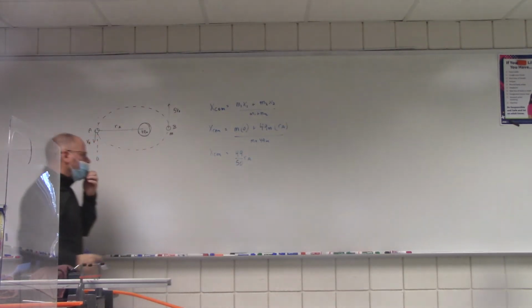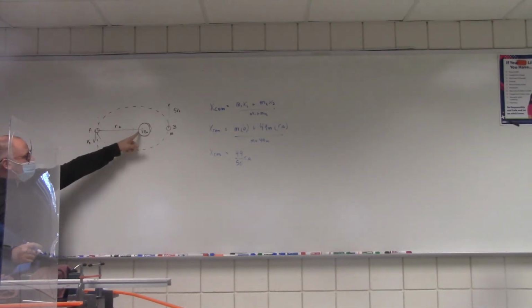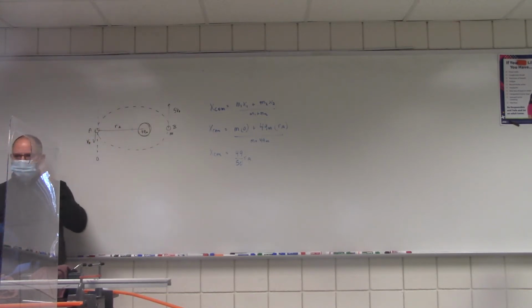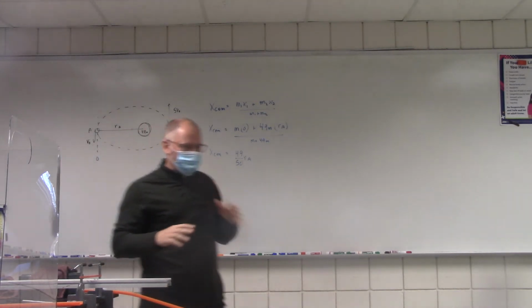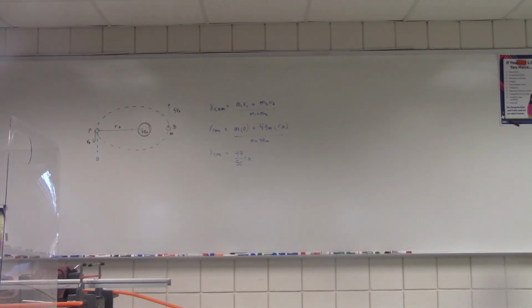So that means that the center of mass is all the way over here at 49 out of 50 of RA. Is that cool? So this was a center of mass problem, kind of hiding in a planetary motion assessment. So things like that happen. All right, that was that one.